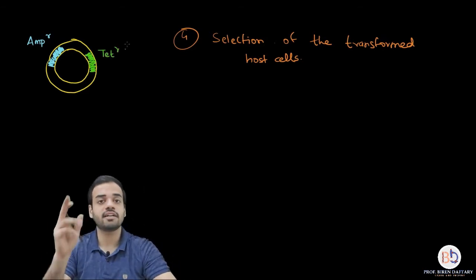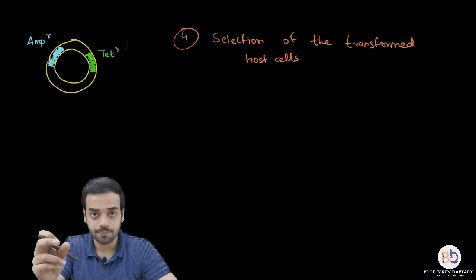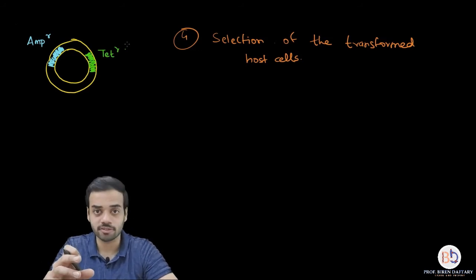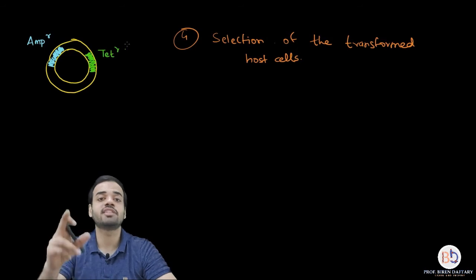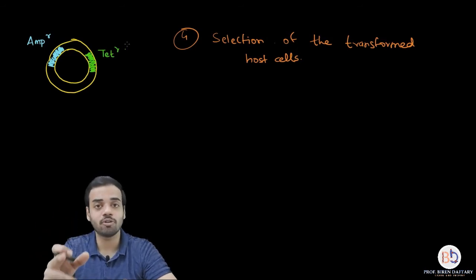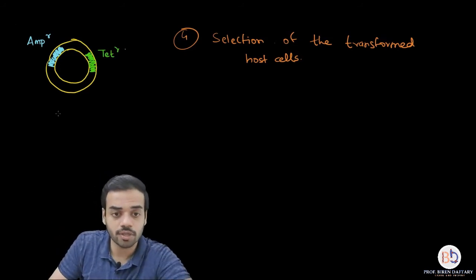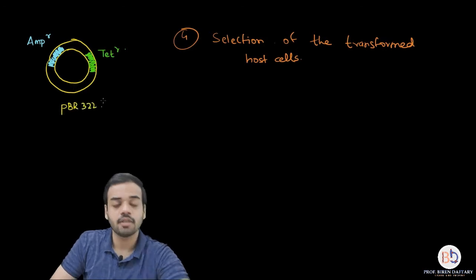So even tetracycline antibiotic cannot kill it. So if any bacteria has been transformed by the PBR322 plasmid, that bacteria cannot be killed by ampicillin or tetracycline, because the plasmid has both these resistant genes. I am talking about PBR322 over here, please remember.